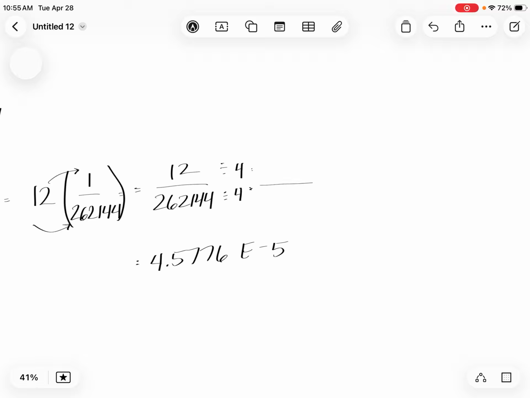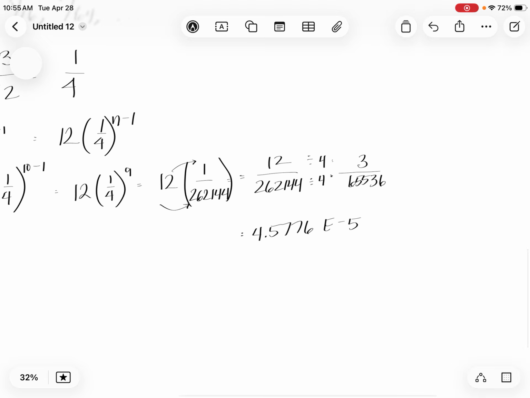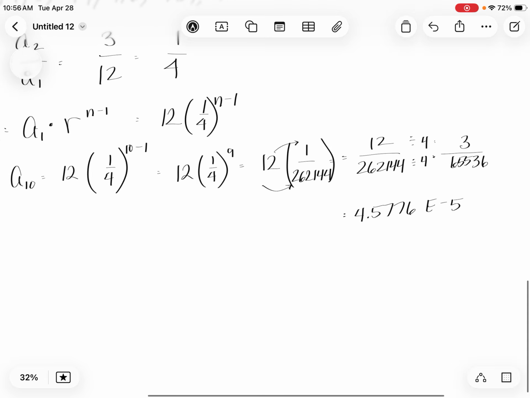I tried 12, I tried 6, so this gives me 65,536 on the bottom and 3 on top when I reduce it. So either way, those two would be acceptable for the 10th term.